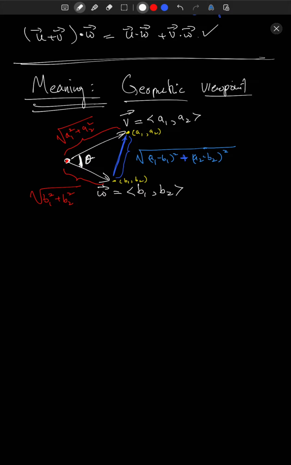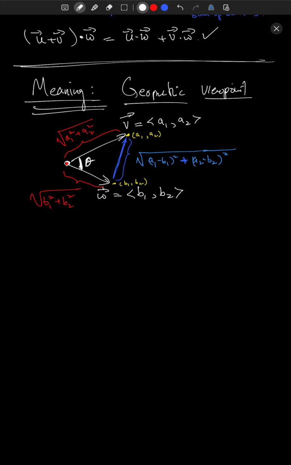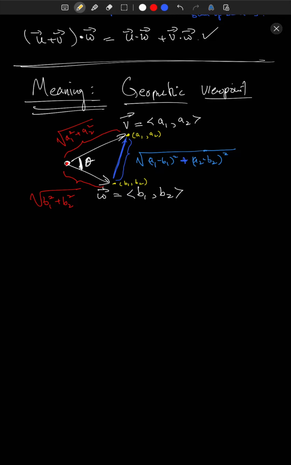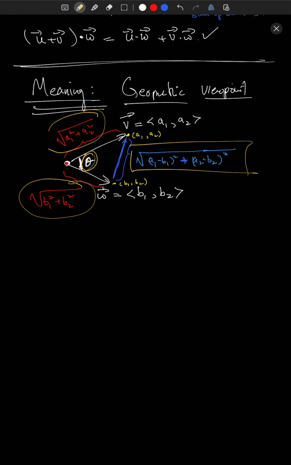I'm going to write down the law of cosines. This is partially why we learned the law of cosines. The law of cosines relates this length squared to the other two lengths squared and the angle on the opposite side.